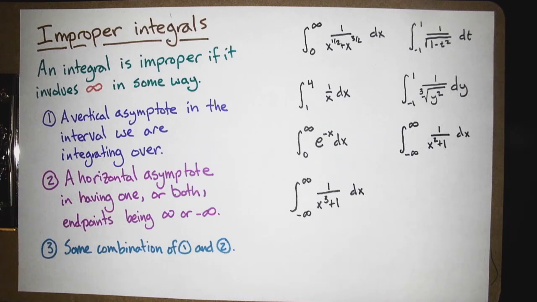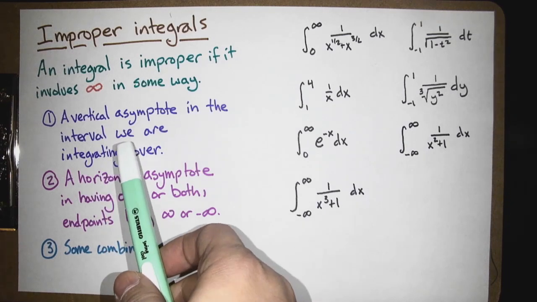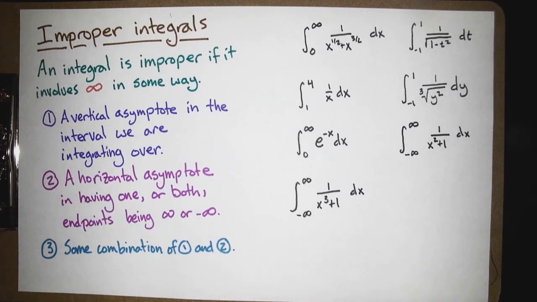All right, so how can an integral involve infinity? Well, there's two ways it can show up. One is the function is blowing up, so vertical asymptotes, usually caused by a division by 0. When we talk about the function blowing up, we don't care if the function blows up away from where we're integrating. We only care about it over the interval in which we're integrating, including the endpoints.